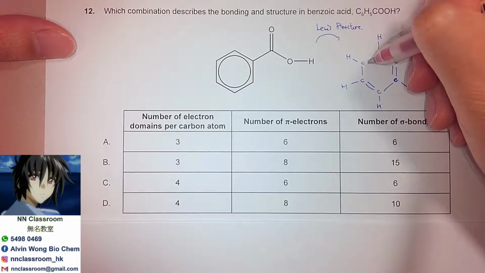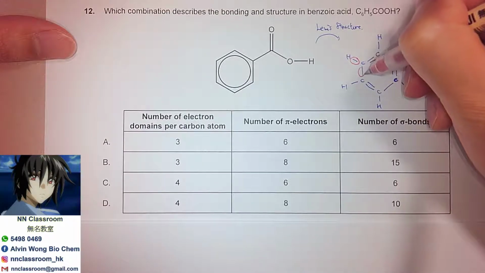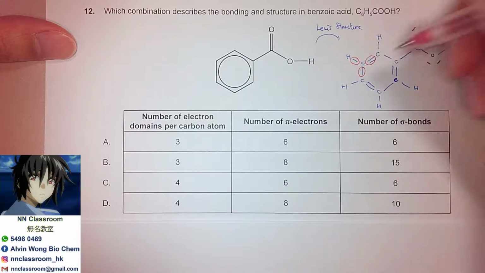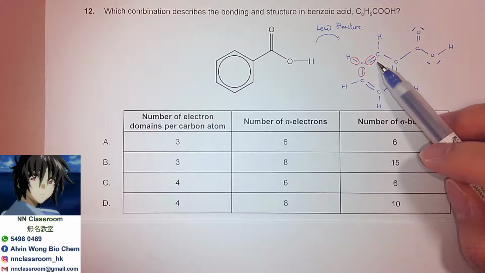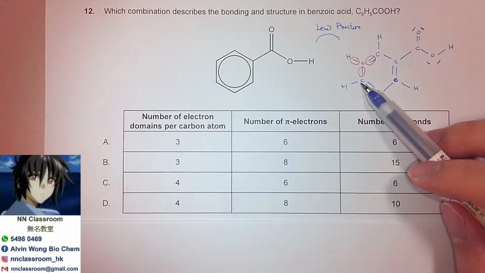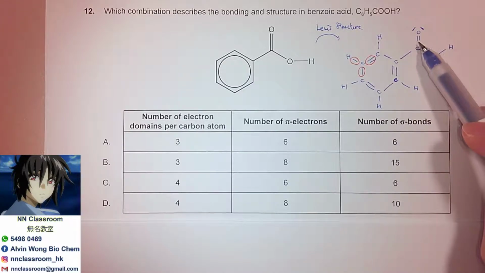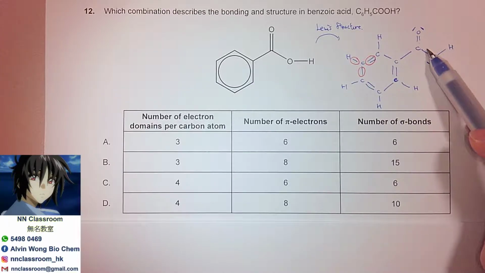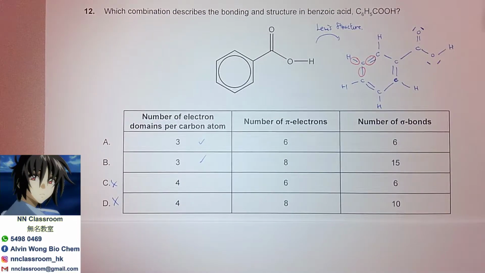So for this carbon there are 2 bonding areas, and for this one 3 bonding areas, in which a multiple bond counts as a single domain. So they all have 3 domains, no matter whether it is a ring carbon or the carbon outside the ring. So that's 3 domains in total. So again, we can eliminate C and D already, right?